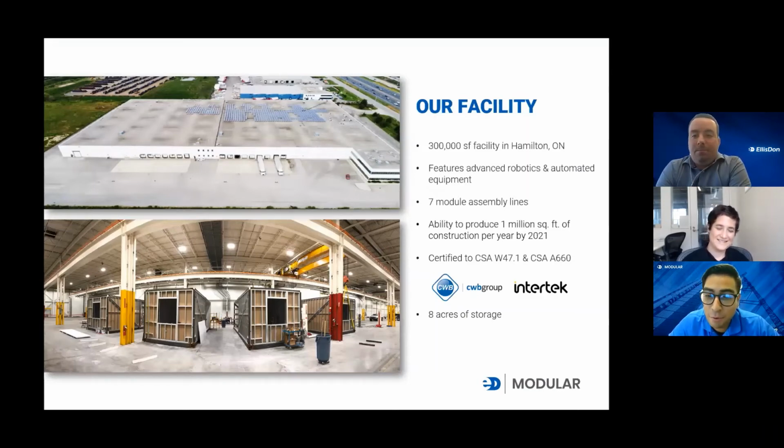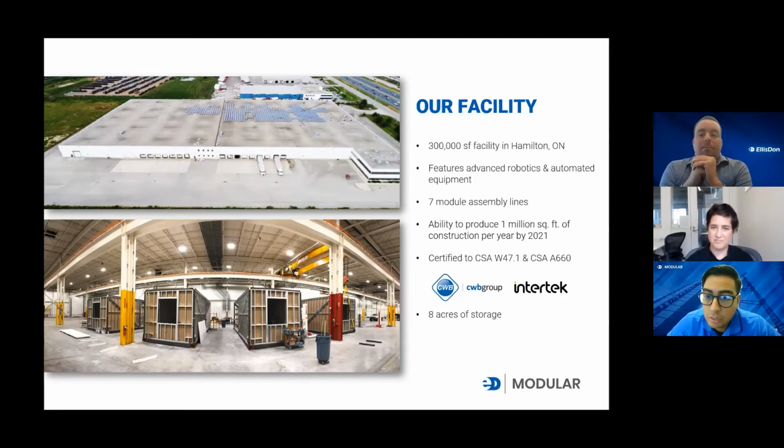So we want to focus now on where we create these off-site modular structures. Well, in our 300,000 square foot facility, it's one of the largest in North America. It features 7 module assembly lines, ranging from 20-foot length modules to even capacity to 60-foot plus long modules.